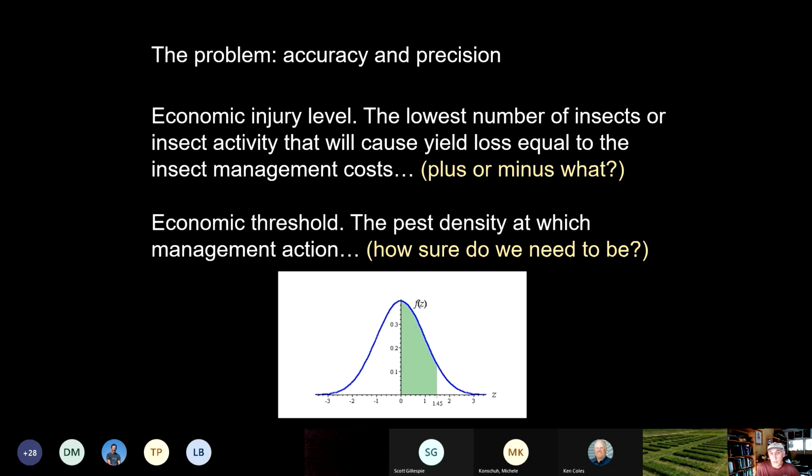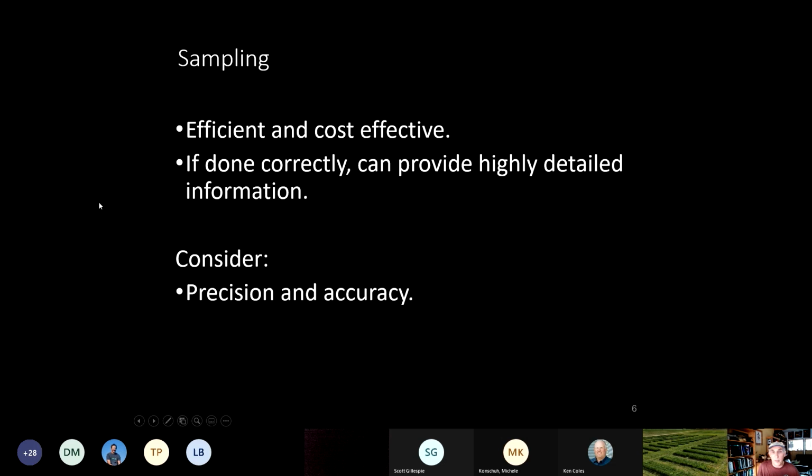And in the economic threshold, well, if I go out and say, I'm going to find 3 in 10 sweeps with a net, and then I'll take action, and I find 1, 7, 2, 0, 12, what do I have? How much of that field is actually at the economic threshold? Should it be sprayed or not? Should I come back again or not? This is the question. So when we look at sampling, it's got to be efficient, it's got to be cost effective. We can't fool around and waste time, but we want the precise information.